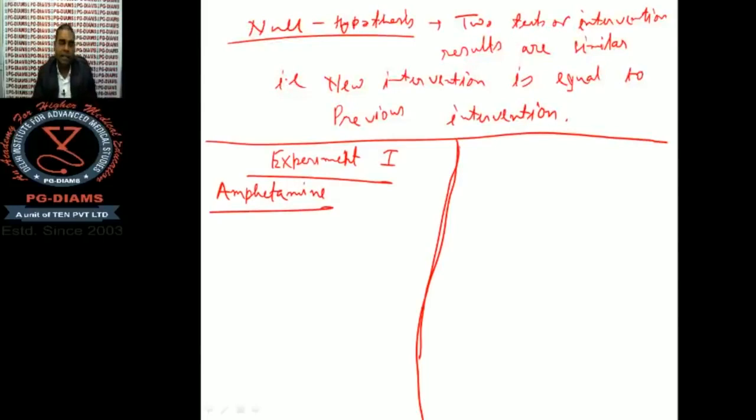Amphetamine tablet is also taken by drivers and students to remain awake at night while studying. Okay, this amphetamine drug is used for treatment of ADHD, attention deficit hyperactive disorder. So amphetamine is a sleep removing drug.